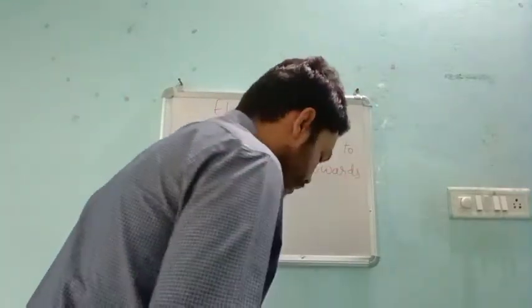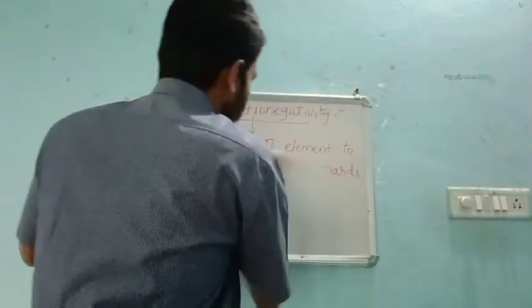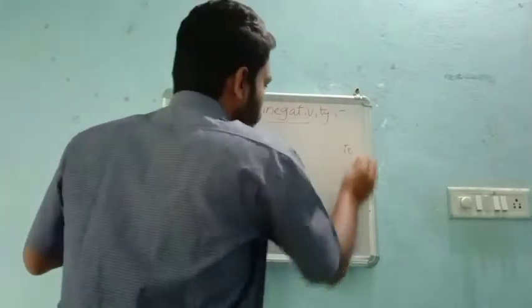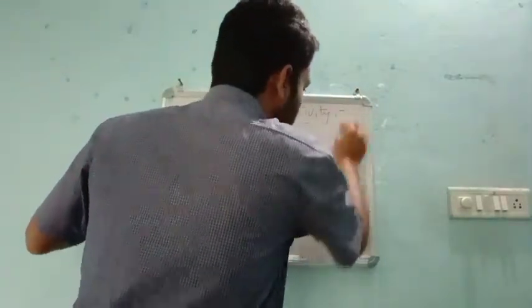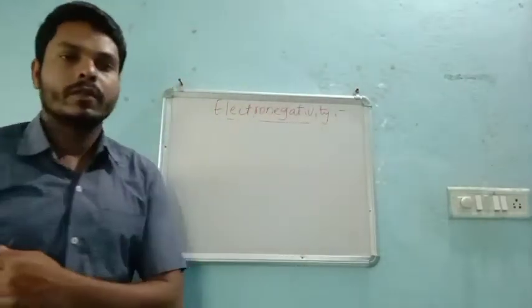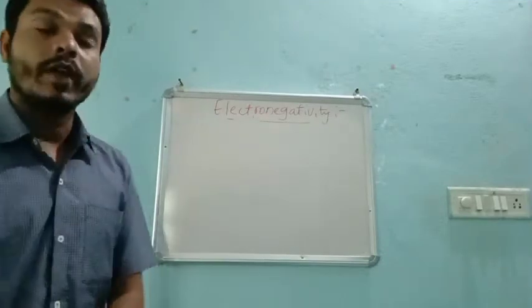So see here, electronegativity we can explain again on the basis of atomic radius, right? So again, atomic radius is very important.